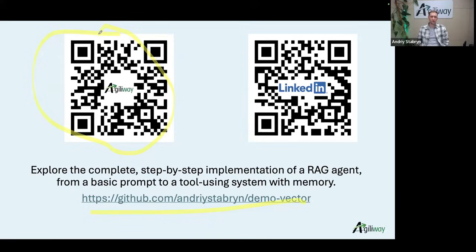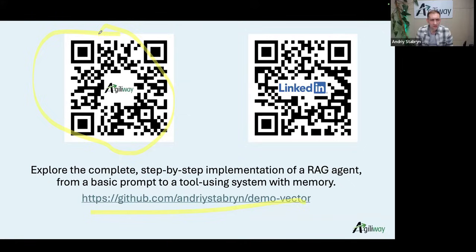If you want to vectorize not English but, let's say, Ukrainian, you need to use a bigger embedding model. So it depends on the use case. I hope that I answered your question.